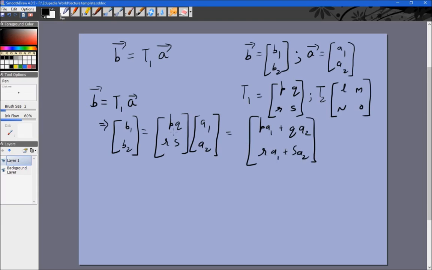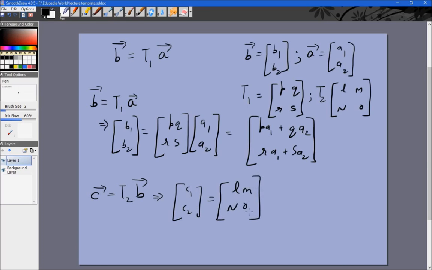This was earlier a function on a vector. Now it's a matrix multiplied by a vector. What if we made a transformation to B? And let's say we said C is equal to T2 times B. Now I'm not putting the bracket because it's now not a function. Now it's a matrix. That would mean C1, C2 is equal to LMNO times B1, B2.